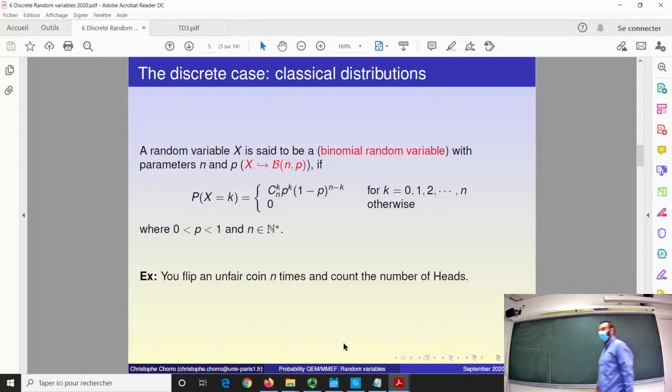So if I do the sum, what is the set of the possible values for the sum? I add a number between 0 and n1 and a number between 0 and n2. What will I obtain? Between 0 and n1 plus n2.